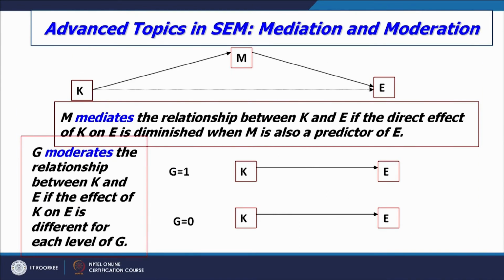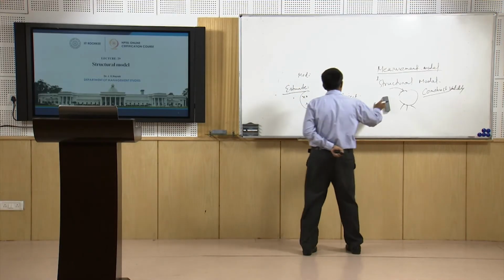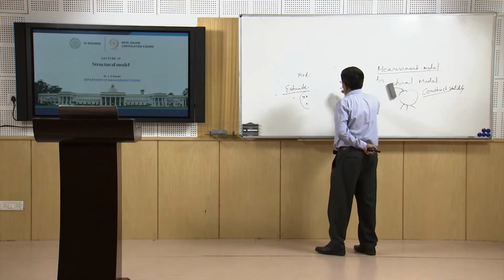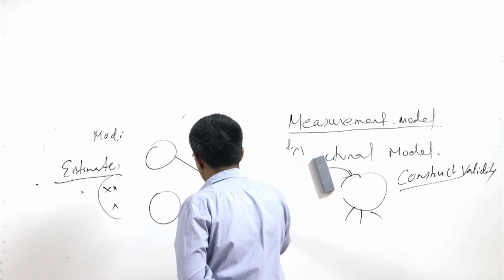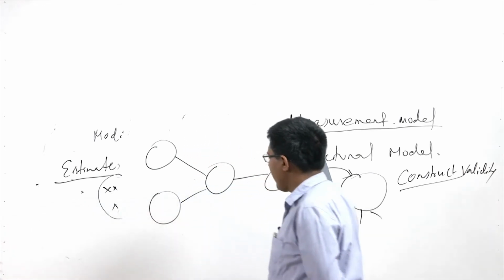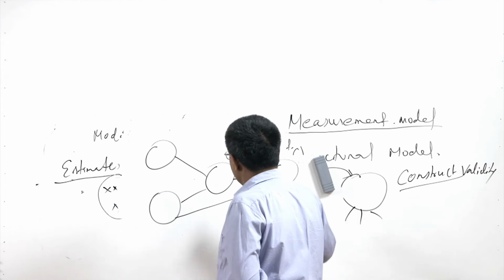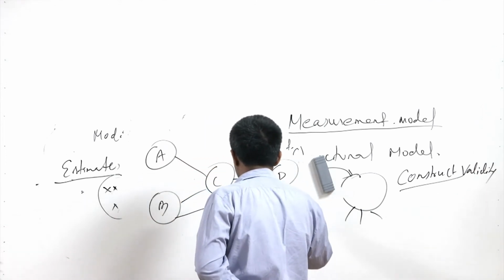So, when you do this, you need to understand that there is something also. For example, let us say there are 2 constructs, this is a third construct, and let us say this is a fourth construct. Now, there is something we need to understand: A, B, C, D, for example.